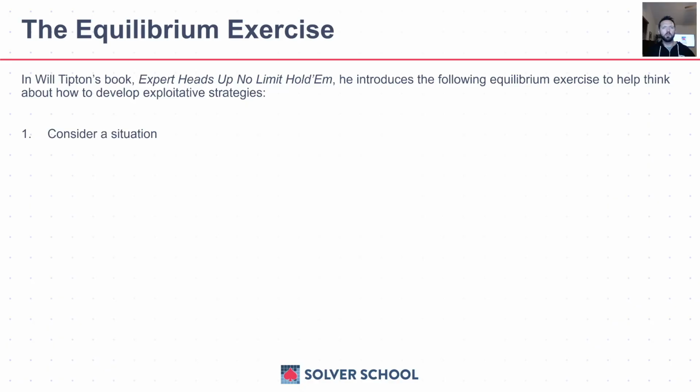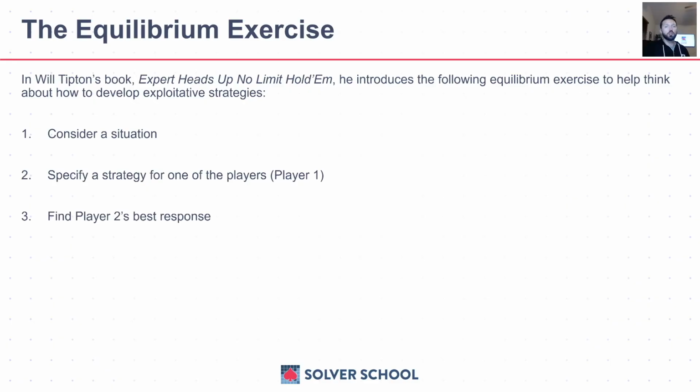In this exercise, we start by considering a regular poker situation, and we specify a strategy for one of those players. When we have that individual strategy for that poker situation, we turn and find the second player's best counter response to that strategy. Once we have player two's best counter response, we then turn back and find player one's counter adjustment to player two's best response.